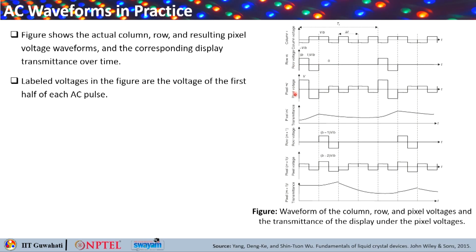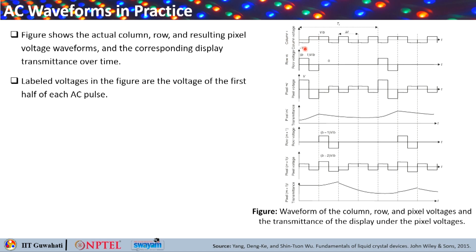And this is the pixel voltage, pixel Mi, for which the transmittance is changing. These are the row M+1 and the pixel M+1,i, and the transmittance.